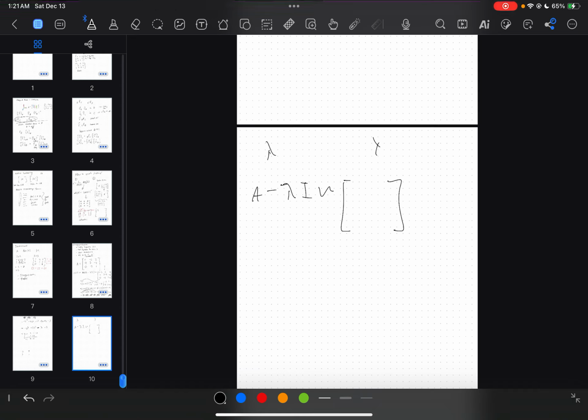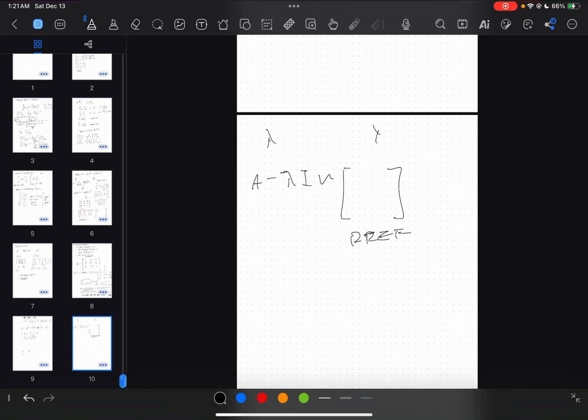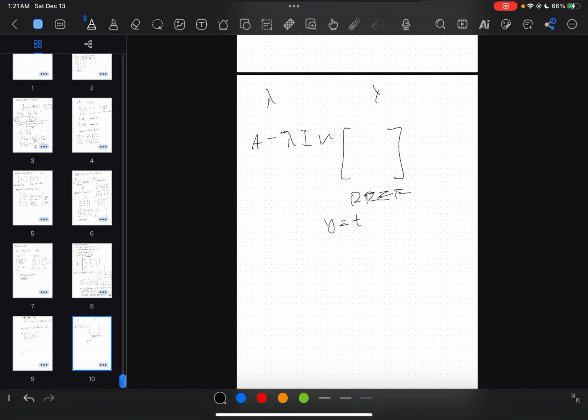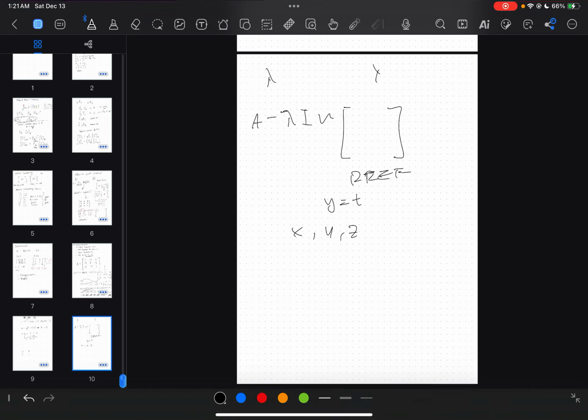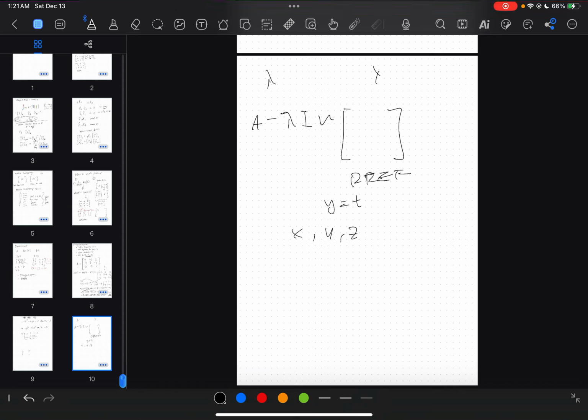And then what we do here is we solve for RREF. If there's free variables, we say like y equals t, and then get the other ones, x, y, z, in terms of each other until we solve the equation.